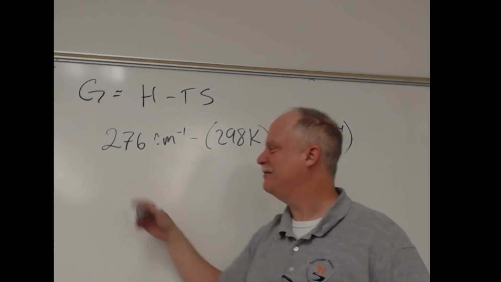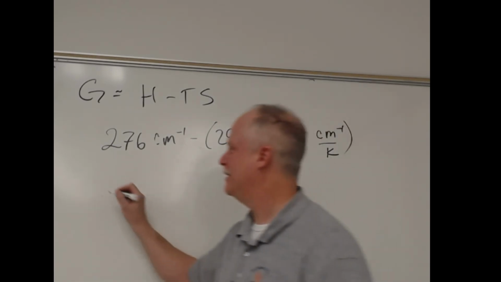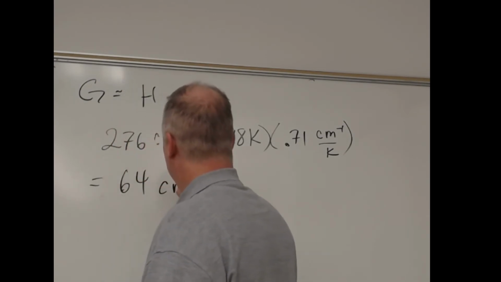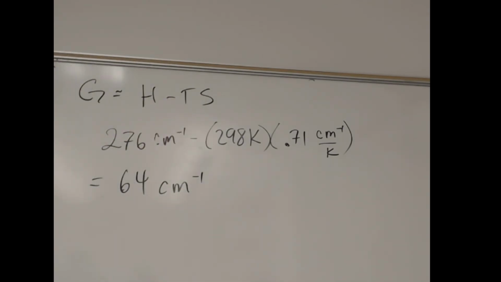All right, so I feel like I'm rushing. So if someone would evaluate that for me. I got 64. 64 wave numbers. Okay, and then the G for B, the one I kept trying to calculate.